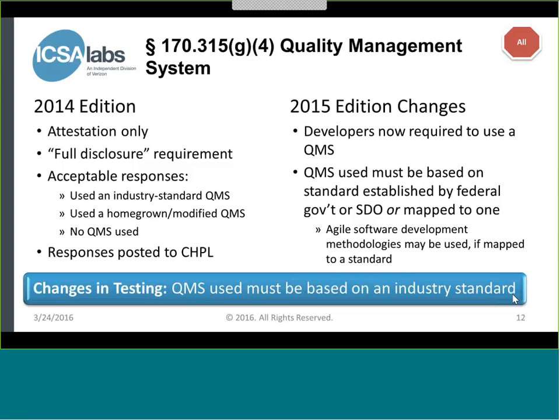You may be familiar with terms like Scrum method and so on. That is still allowed as long as you're able to map that to one of the standards. We have seen examples where agile software development methods have been mapped to the ISO 9001 process. So you would need to map it yourselves or find one of those documents explaining how it's mapped. So those are still allowed, but they do need to be mapped back to one of the standards.